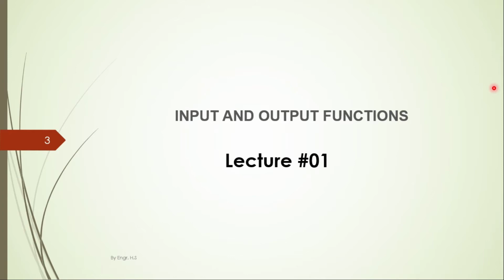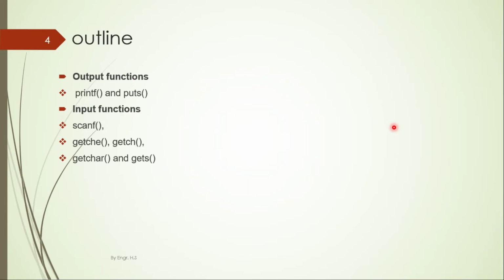Now here is lecture 1 of series 2, input and output functions. In this lecture, we will focus only on the input and output functions which are most commonly used in C. Here is the outline of lecture 1 of series 2.